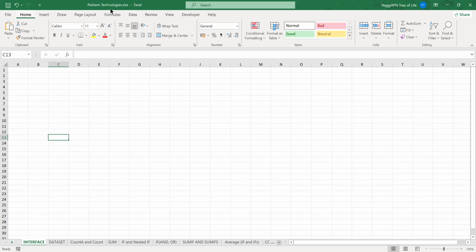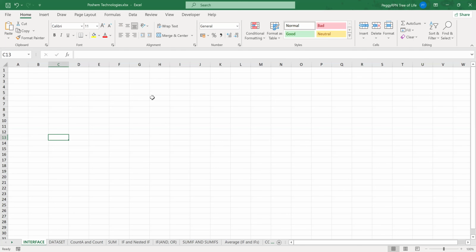Now we're on the home tab, and this middle part is called the ribbon. Then here you have the formula bar, and here you have the name box. Where you see this green box, it's called an active cell.